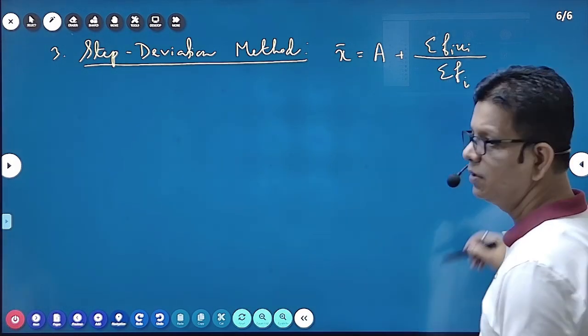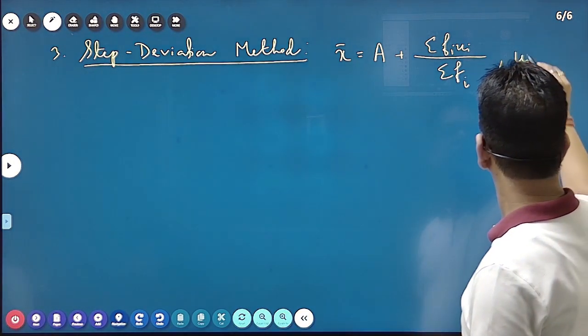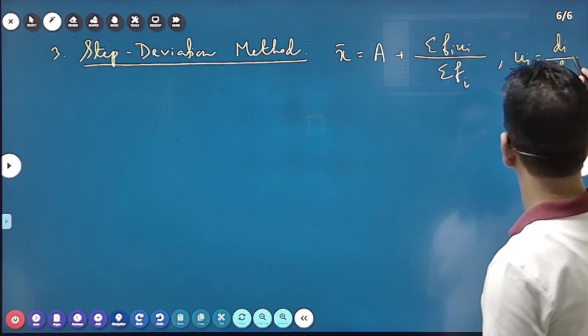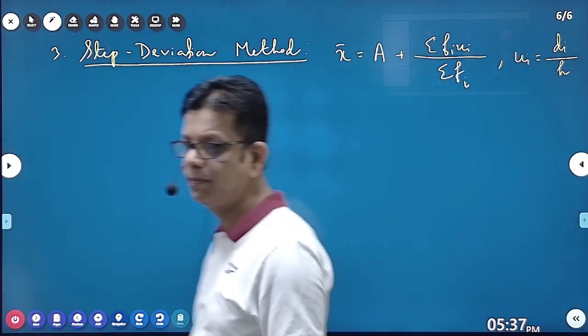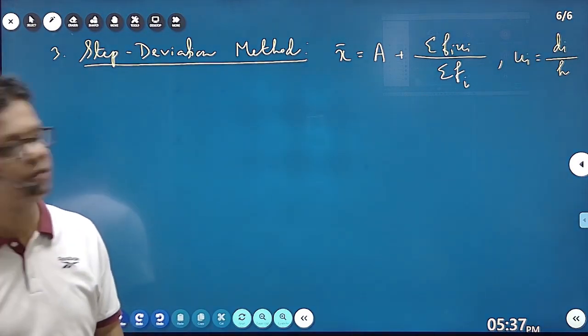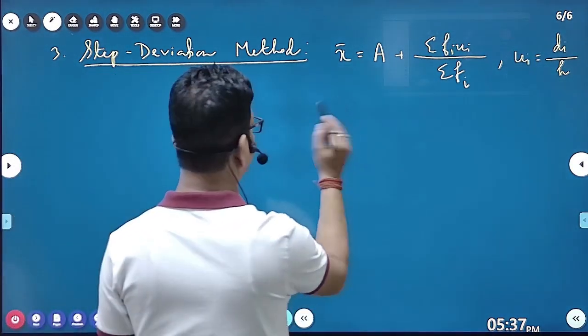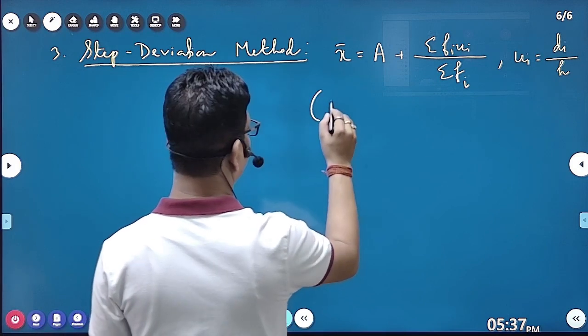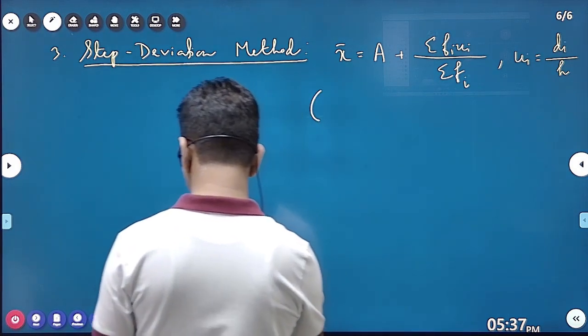Done now? So ui here is only simply different. Ui is the di, so you have to divide di by h. In other words, if I write whatever this book has given, in that language it will be like this.